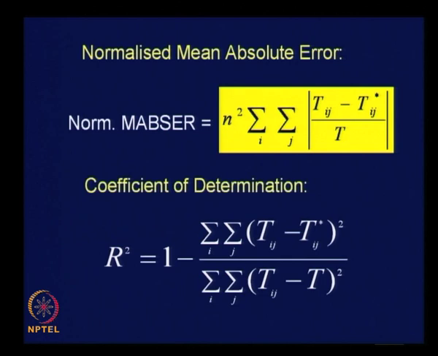R squared is given as 1 minus sigma over i, sum over j of Tij minus T star ij, whole squared, divided by sigma again over i, then sigma over j of Tij minus T, whole square. T is the mean observed value. We have three statistical measures available for comparison.